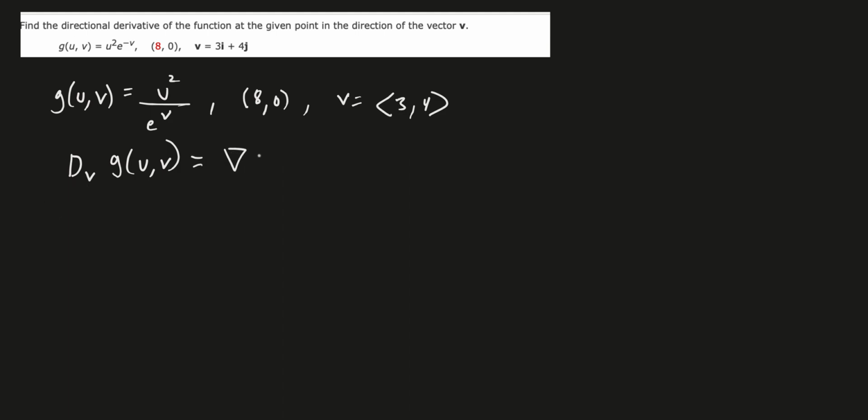It is equal to the gradient of g(u, v) dot product with the unit vector. And obviously the unit vector is going to be the vector v over the magnitude. So that's basically what this is going to be.